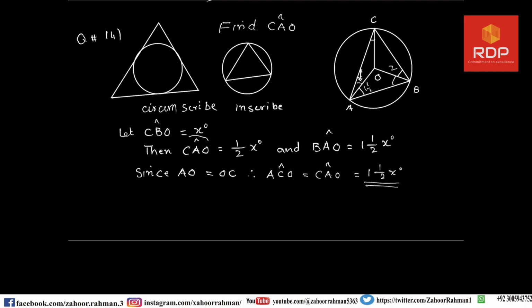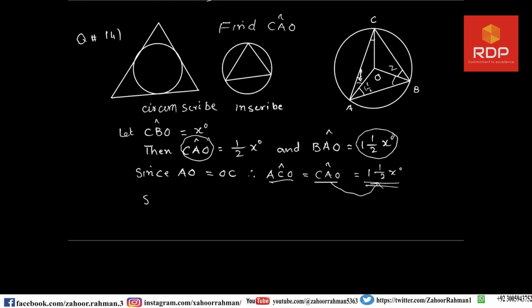Because if you can see, CAO is equal to this, and we can write instead of that CAO 1/2 x. So like this.